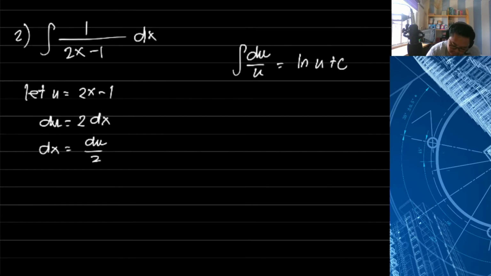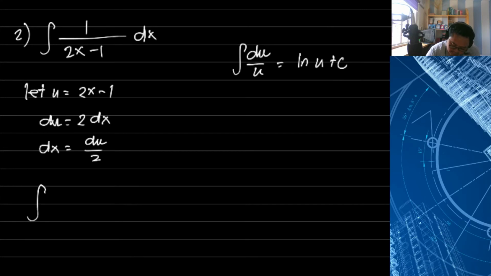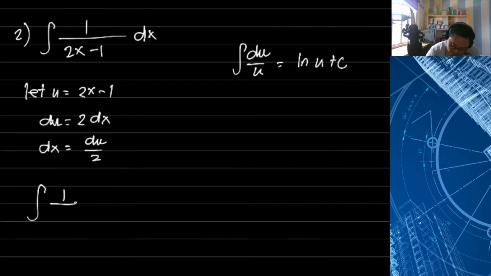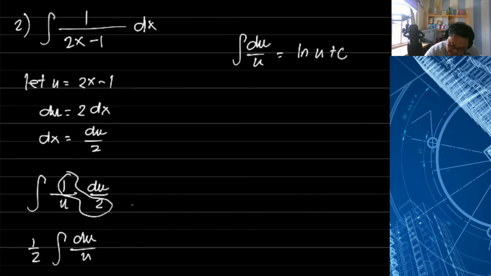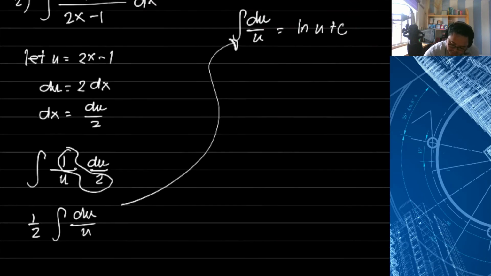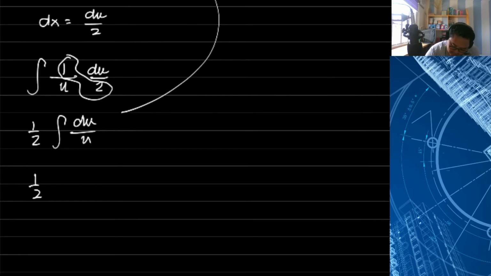If we substitute, this becomes the integral of 1 over u, where dx is equal to du over 2. This 1/2 is a constant, so I can factor it out: 1/2 integral of du over u. This is now the same as our formula, so it will qualify. The integral of this is equal to ln u plus c.